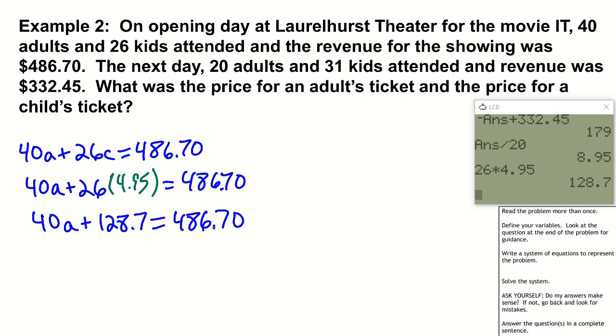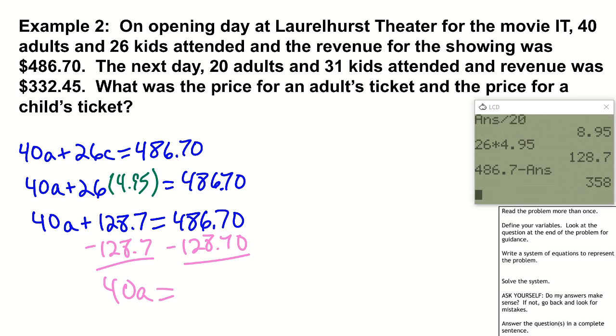So I'm going to subtract 128.70, and I'll get 40A is equal to, yep, 358. Now we're going to divide that by 40, and we should get 895.